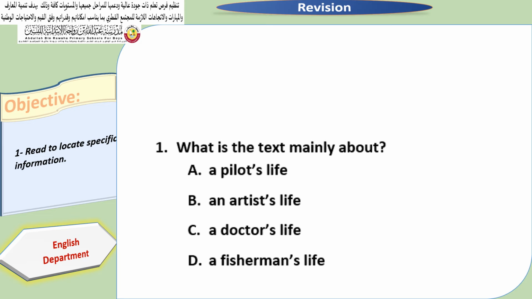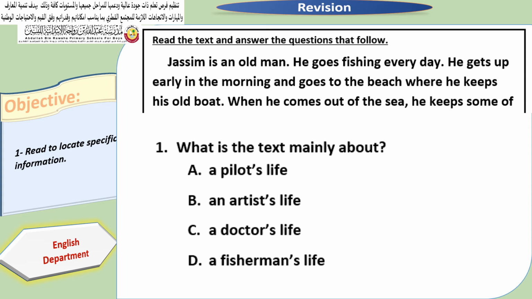To know the answer for this question, we should read the whole text. And usually the main idea comes in the topic sentence, and usually the topic sentence is in the first 3 or 4 lines.